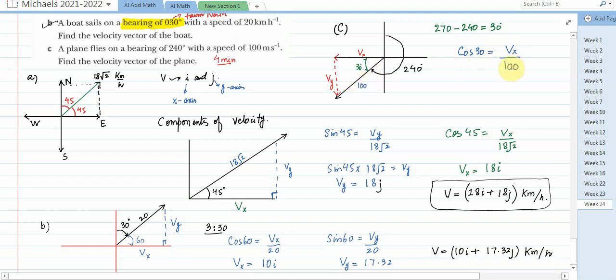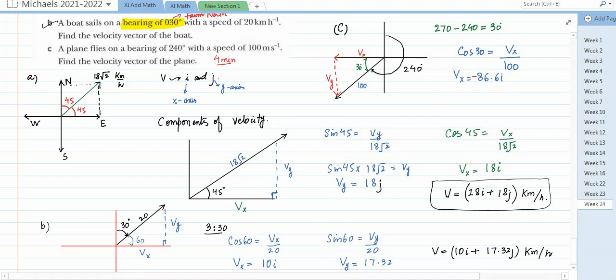So cos 30 times 100, it's 86.6. So velocity x is equal to 86.6 i. But the important thing here is the direction. Since the velocity component is along the negative x-axis, we are going to put a negative sign here. So that is the velocity x.